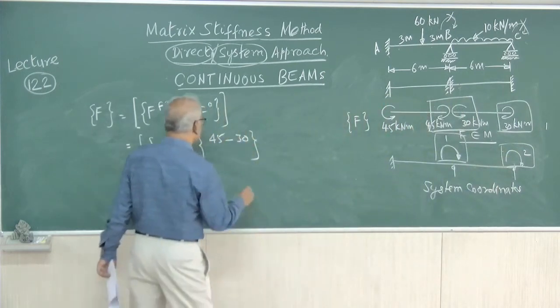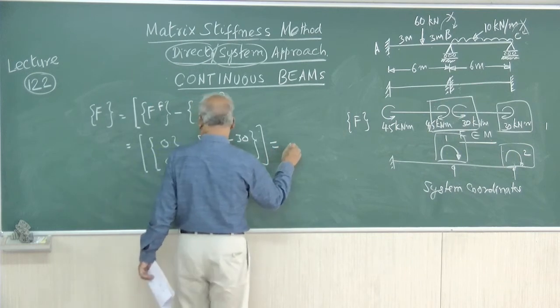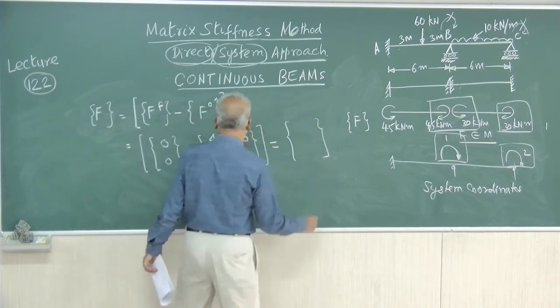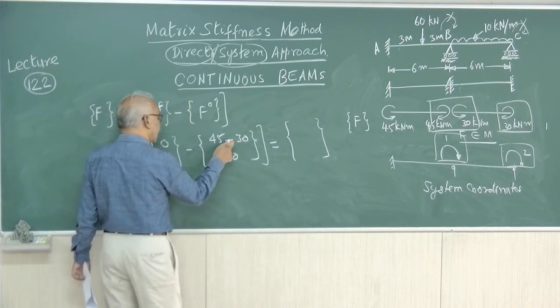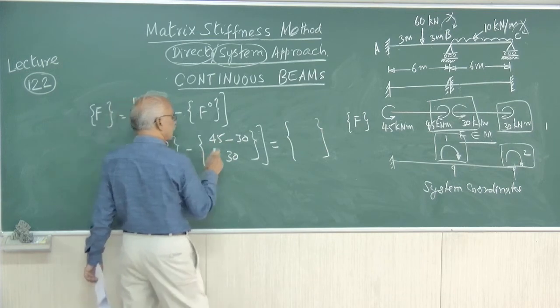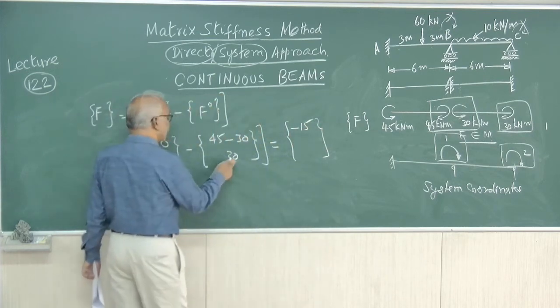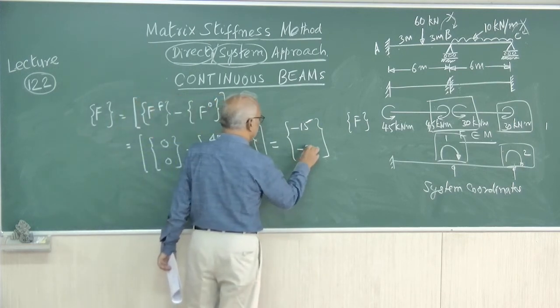So, this will finally give you a value equal to 45 minus 30 equal to 15. Already there is minus, therefore, this is minus 15. This is 30, but this is minus, therefore, this is minus 30.